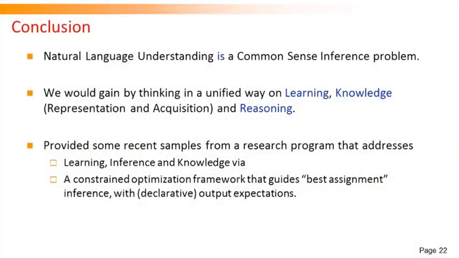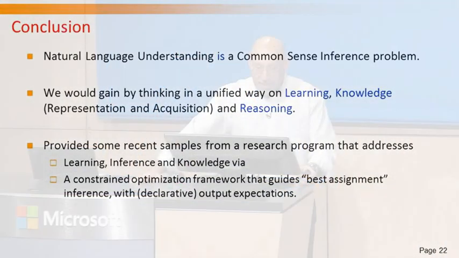Okay, let me conclude. I was trying to make a case for thinking about natural language understanding as a commonsense inference problem, and to make the argument that we would gain by thinking in a unified way about learning, knowledge, both representation and acquisition, and reasoning.